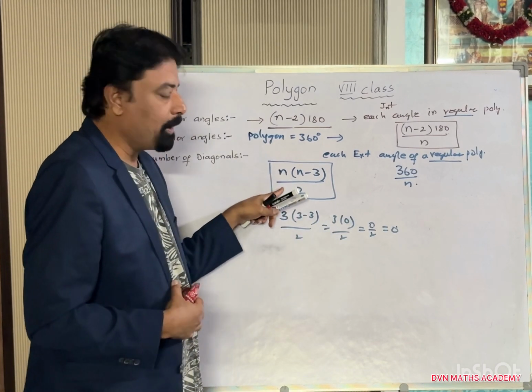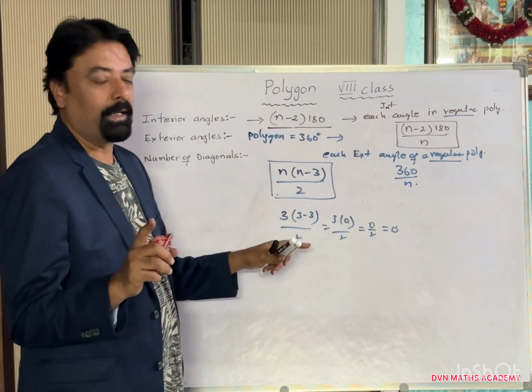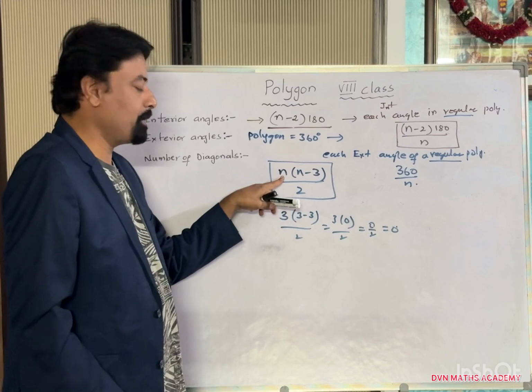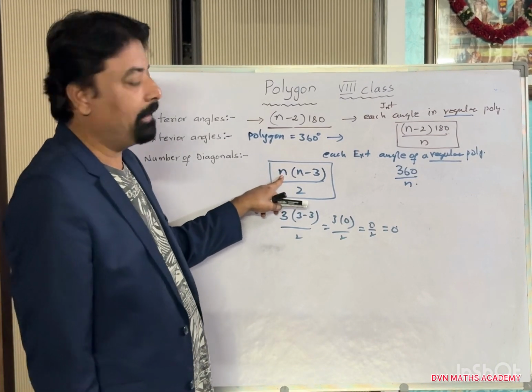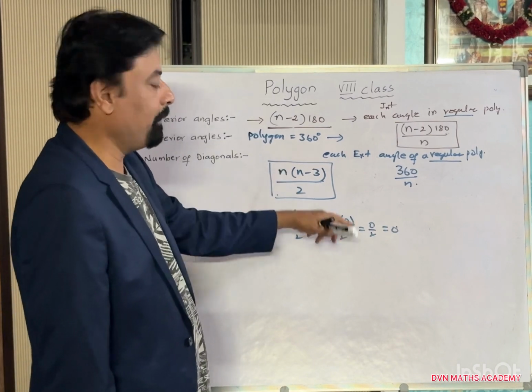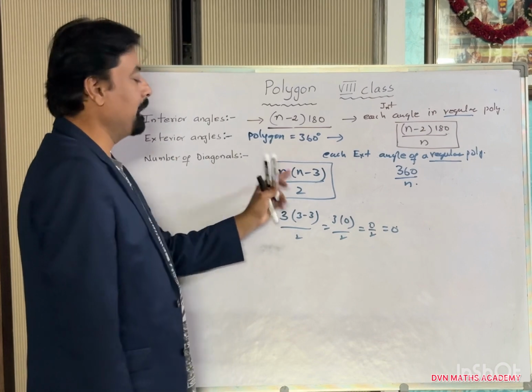So this is the formula to find the number of diagonals in any polygon if n indicates the number of sides. Pentagon means you substitute n equal to 5. Decagon means you substitute n equal to 10. Quadrilateral means you substitute 4.